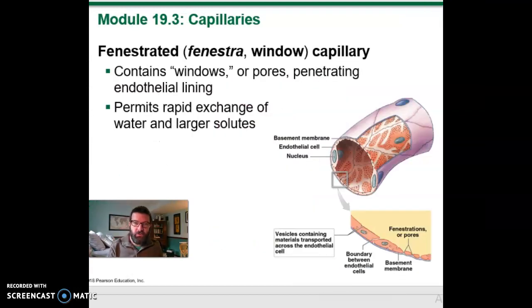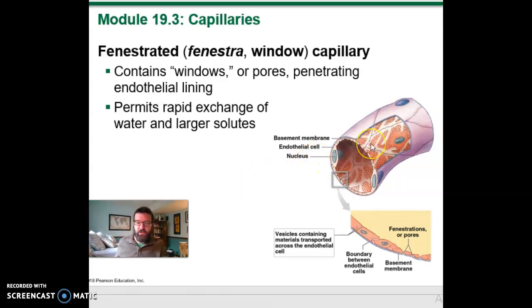Conversely, as opposed to continuous capillaries, fenestrated capillaries have little tiny holes in them, or fenestras, which means windows. And these little holes allow more stuff to move across more quickly. So water can move really quickly across these. So can some larger solutes, although it still is going to prevent very big things like most proteins, blood cells, things like that from moving across.